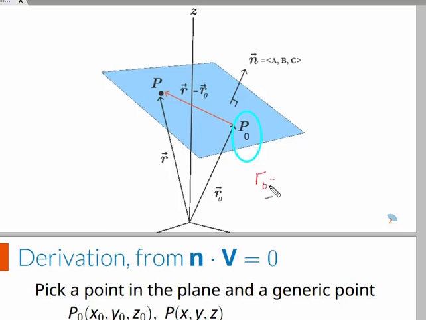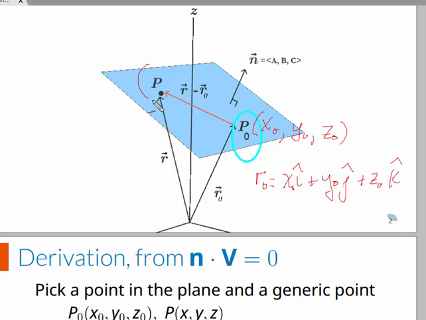So R0 would be x0 in the i direction, y0 in the j direction, and z0 in the k direction, where the coordinates of P0 are x0, y0, and z0. Then we have this other point here, which is generic, so its coordinates are x, y, and z.